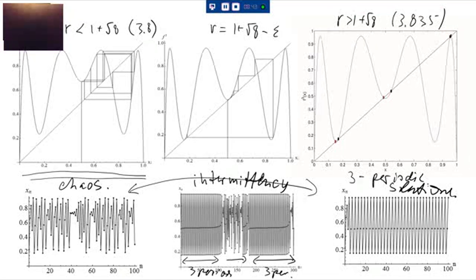And here we have chaos. So this is a switch. We have 3-periodic, chaos, and again 3-periodic and again chaos. And this takes place because at this place and this place the function f^3 is very close to the diagonal line.